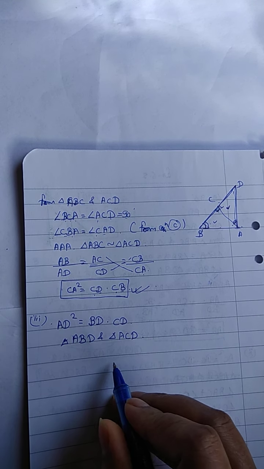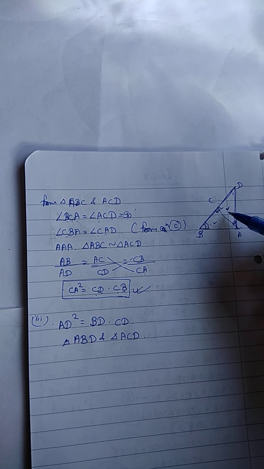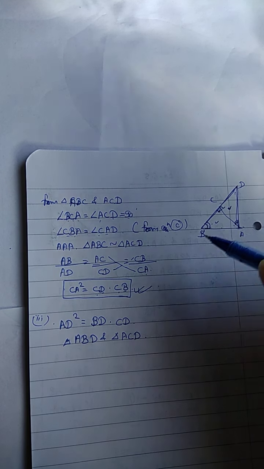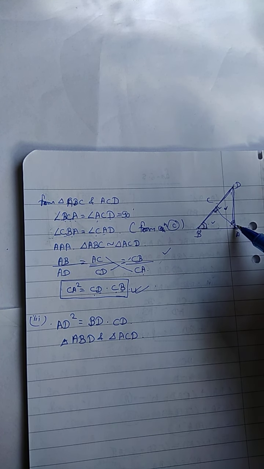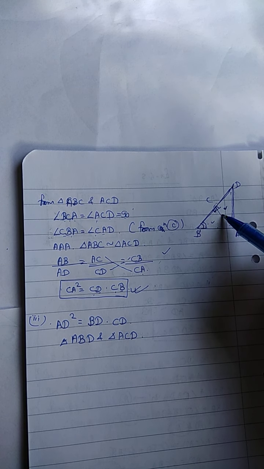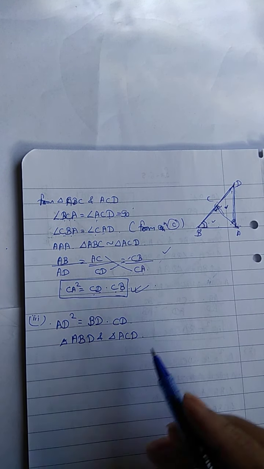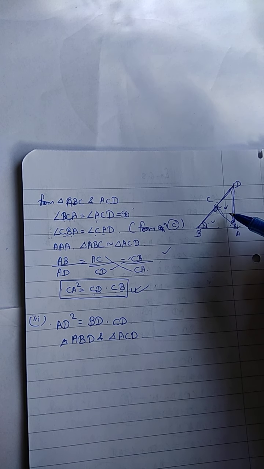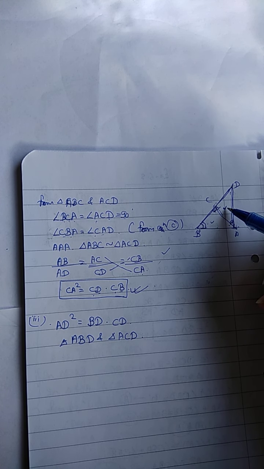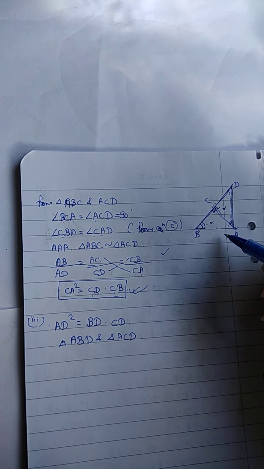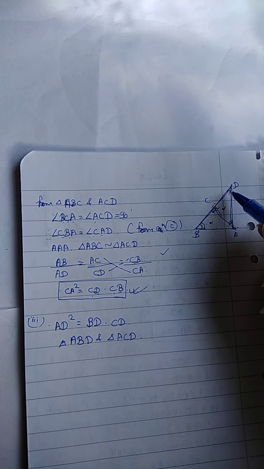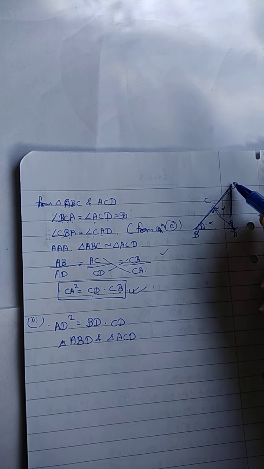The same rule we will follow, like we already explained in the first option, third of first, when we solved AB square equals BC into BD. The same logic we will apply here also.